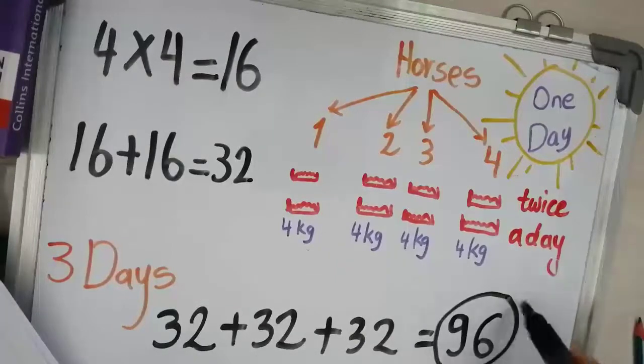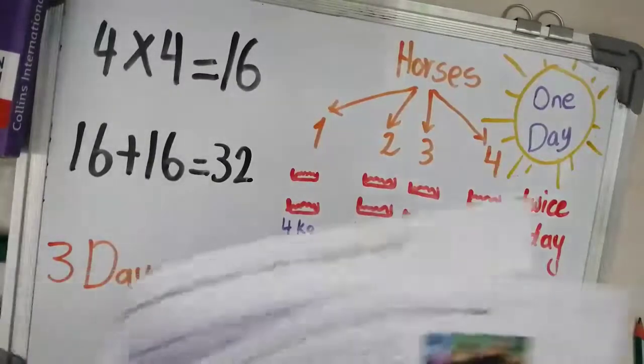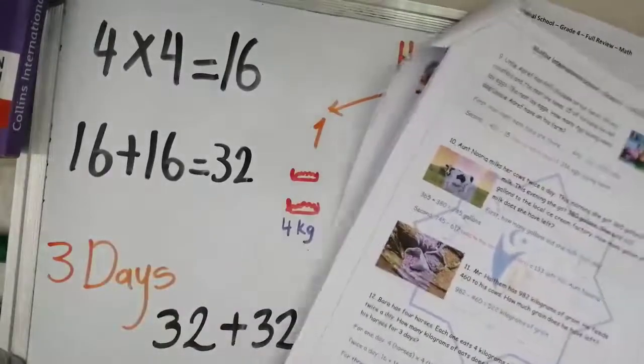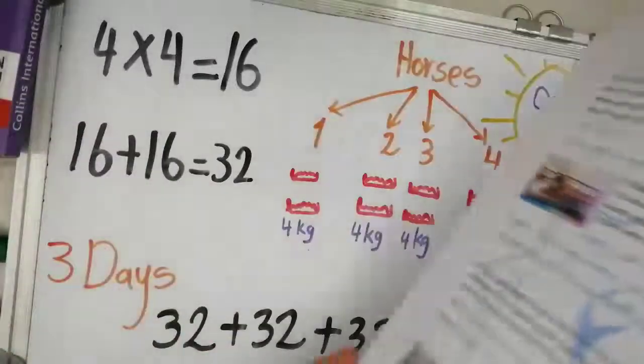So the answer is 96 kilograms of oats in 3 days. Now this question has so many ways to be answered, but you can just use your own way as long as the answer is correct. Okay? Now moving on to the following page of the worksheets.